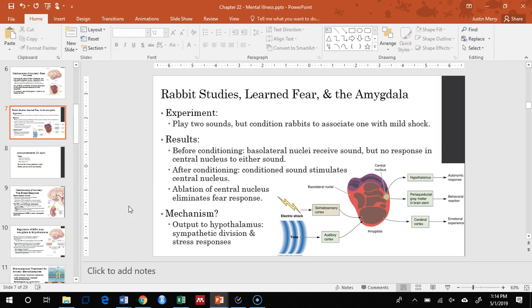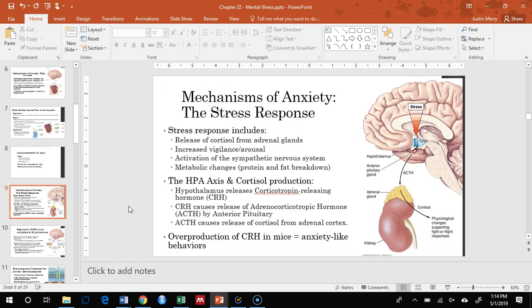The hypothalamus in turn can trigger an autonomic response, sympathetic nervous system and fight or flight responses, but it can also trigger a stress response. The stress response involves this HPA axis, where cortisol is released.